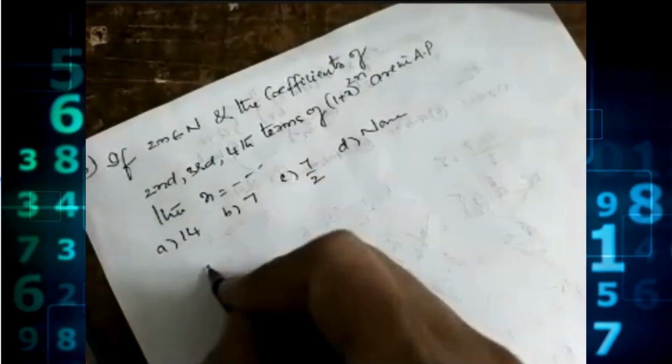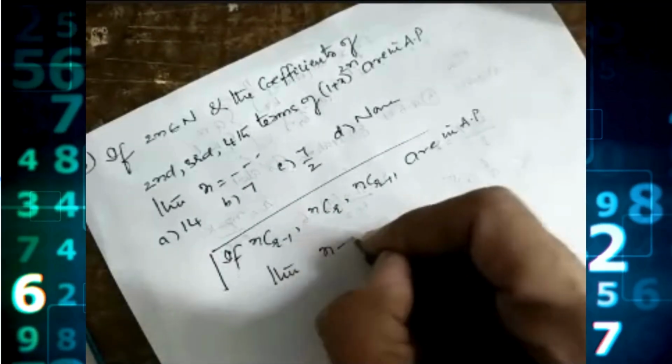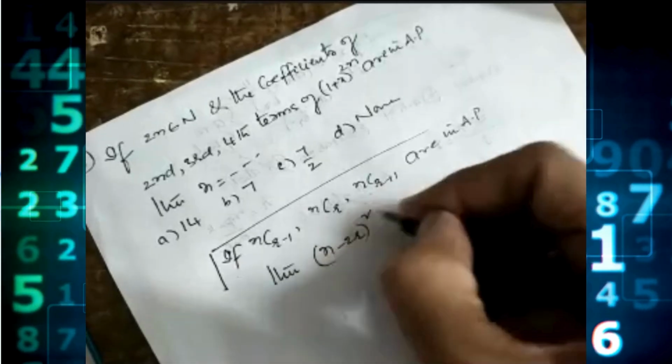Look, for this, my dear boy, let me bring to your notice one beautiful technique. If nC(r minus 1), nCr, nC(r plus 1) are in AP, then (n minus 2r) whole square is equal to n plus 2, isn't it?